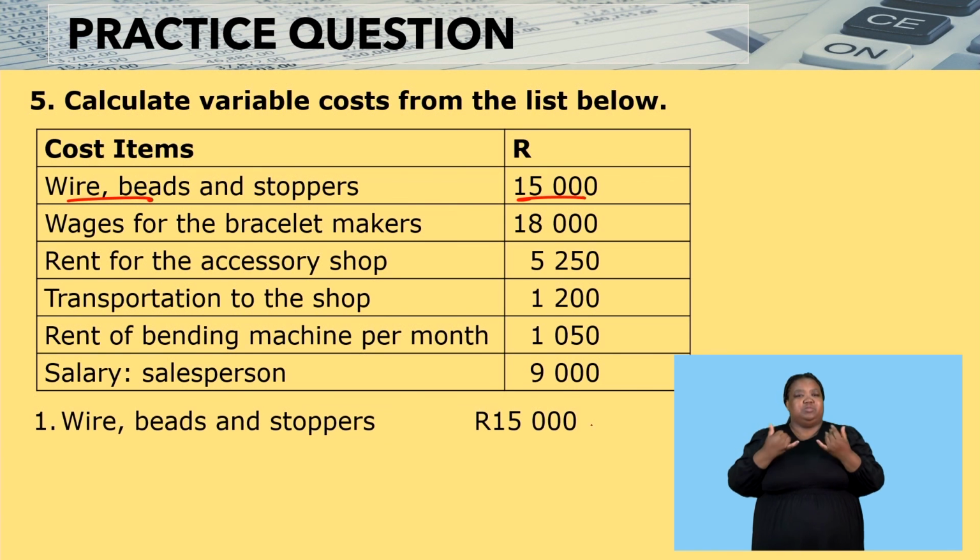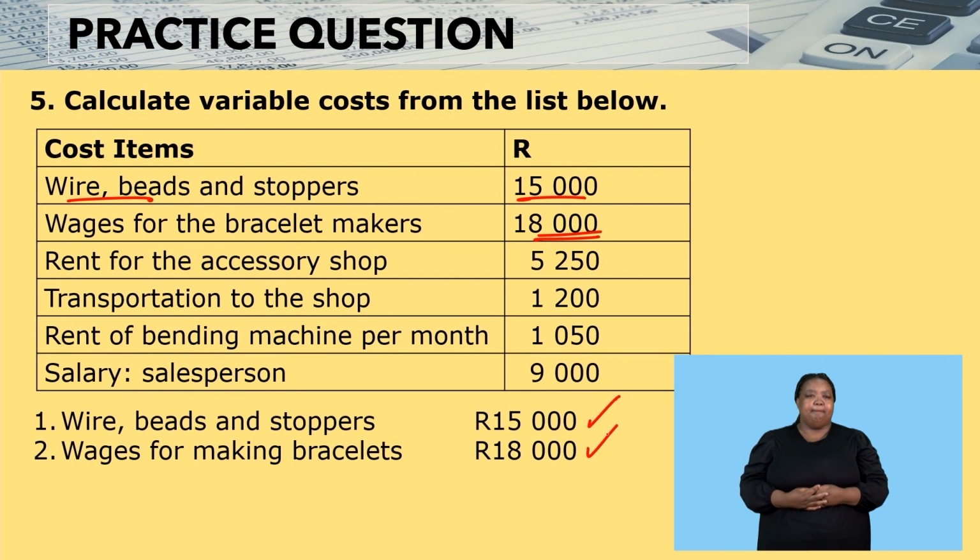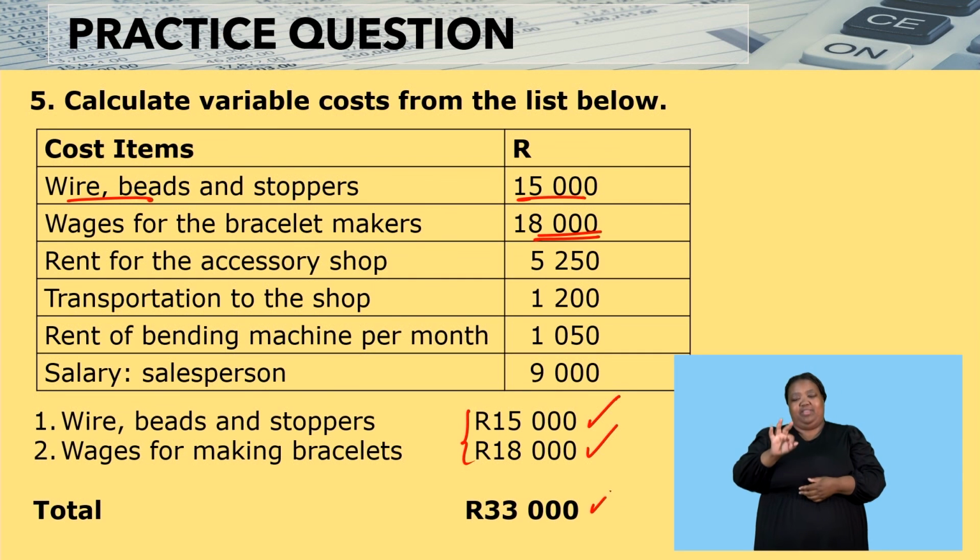They're costing us 15,000. The second one is the wages for making the bracelets. The wages are costing us 18,000. These are all the variable costs there are. After I add these two, they'll give me 33,000. That becomes my total variable cost.